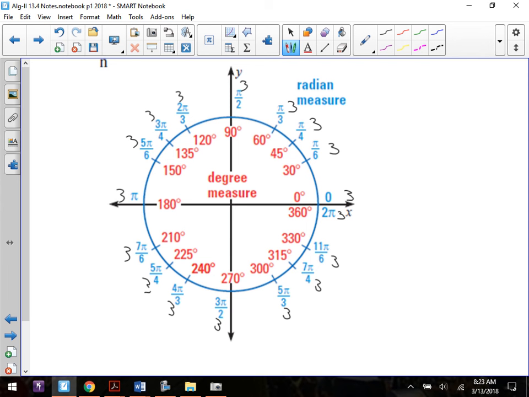Now, if I double count 360 and 2 pi, is that okay? When you start going through it, you have 1, ... 10, 11, 12, 13, 14, 15, 16, 17.